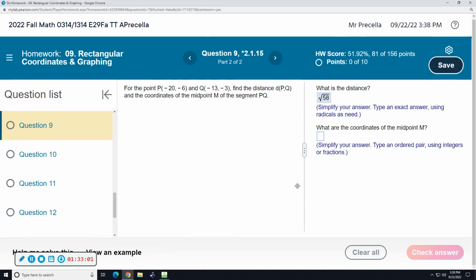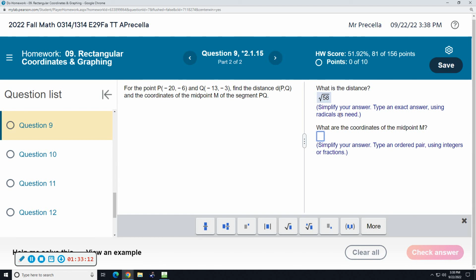Let's try it with the decimals to see. Type an ordered pair using integers or fractions. So they're saying... it wouldn't be bad to see if they will accept it, just in case. I'm going to enter negative 16.5, comma, negative 4.5. Who knows?